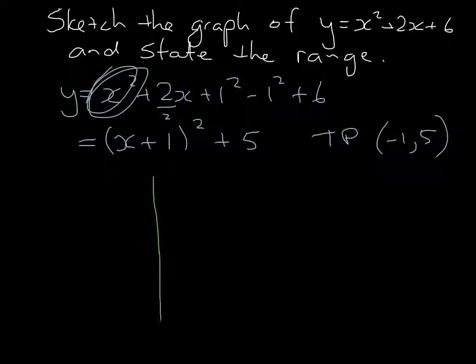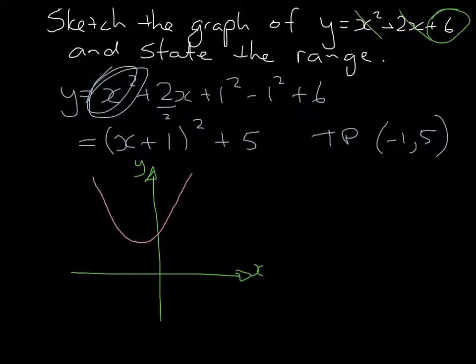So if we're going to sketch the graph, there's going to be no x-intercepts whatsoever. And from the original part of the equation up here, when x is equal to 0, the rest of it's crossed out. So it tells us that our y-intercept is going to be plus 6. So the graph is going to look something like that, where we have a turning point at -1 and 5, and we have a y-intercept of 6.